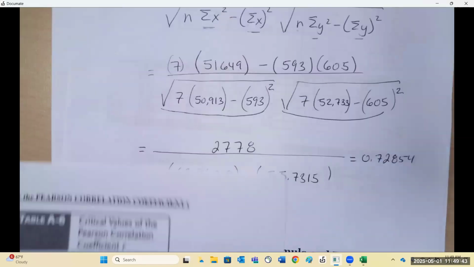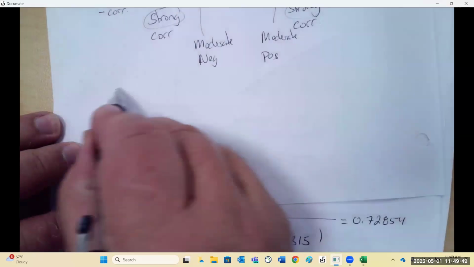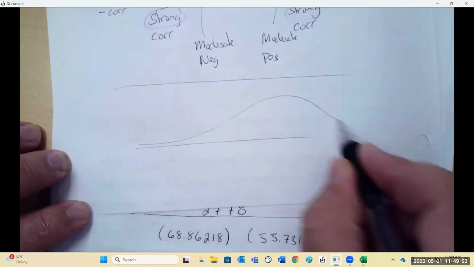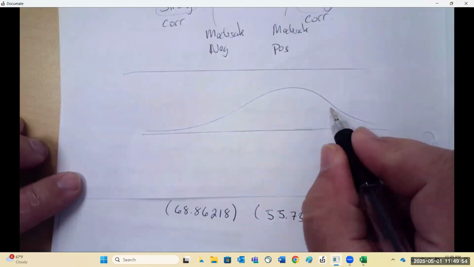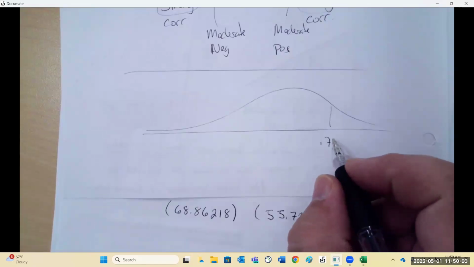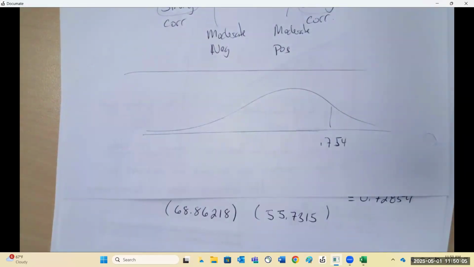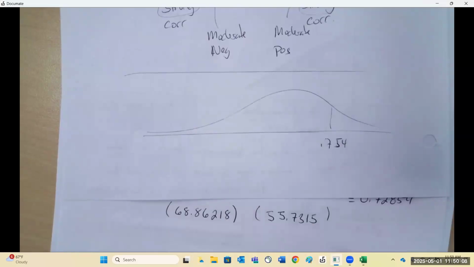0.754. So what that means is, in our test, it was 0.754. That's the critical value. Where does ours fit with respect to this? If you look at your packet, I think I gave you the chart of determination.